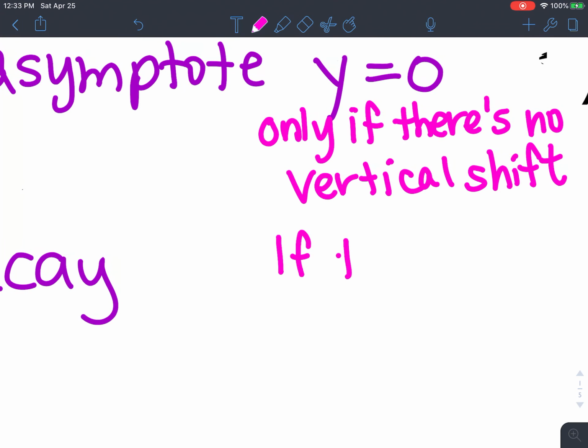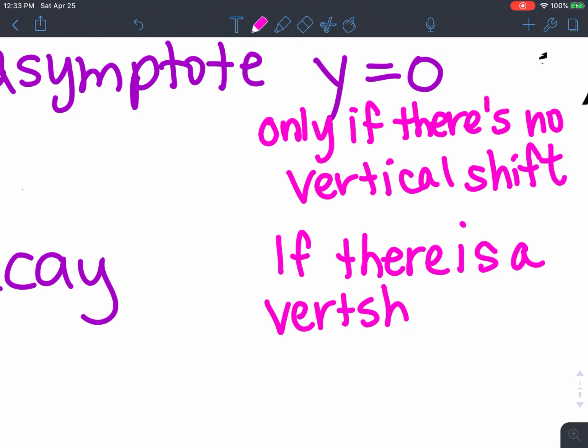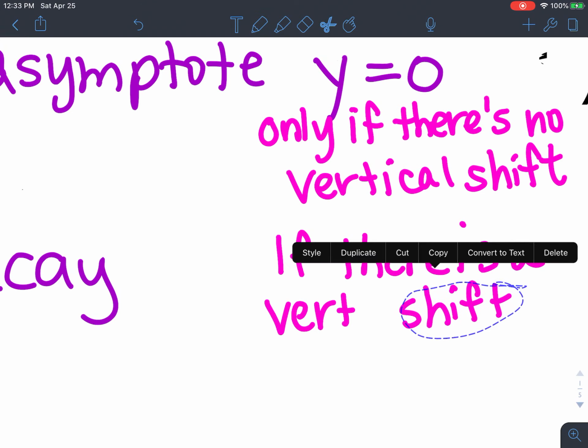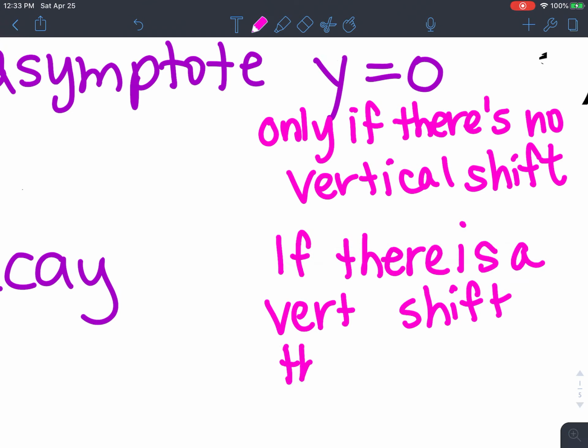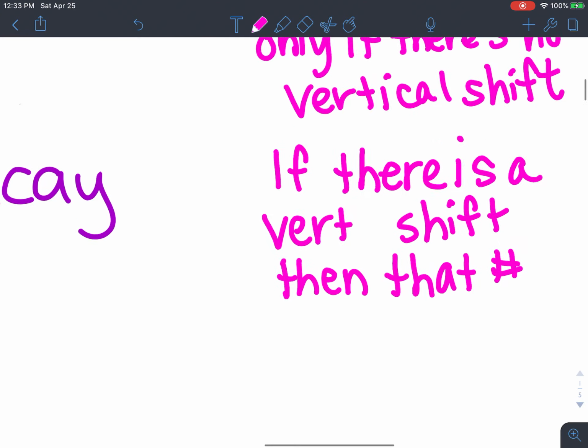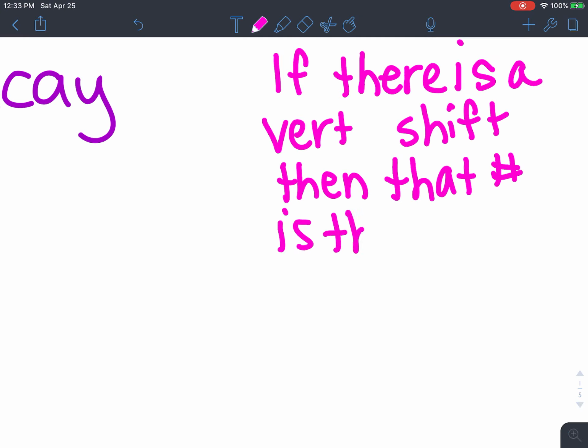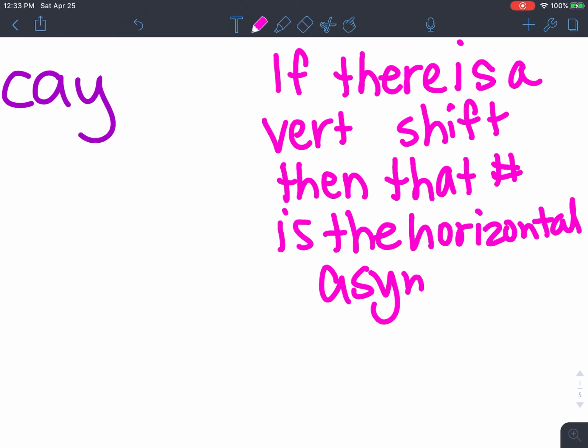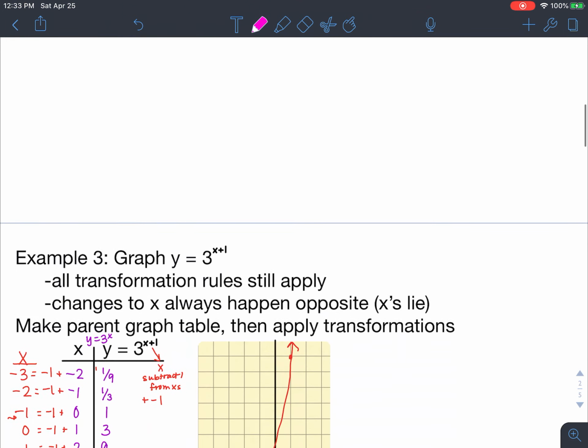So if there's a vertical shift, then that number is the horizontal asymptote. Okay.